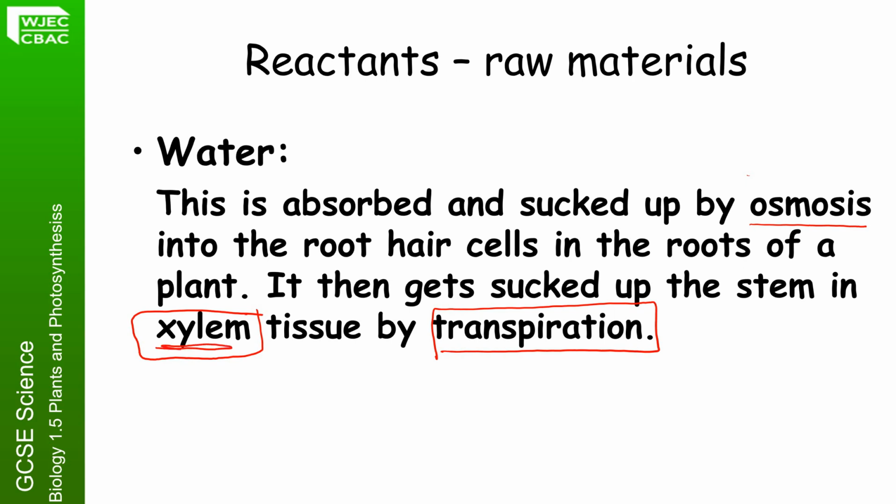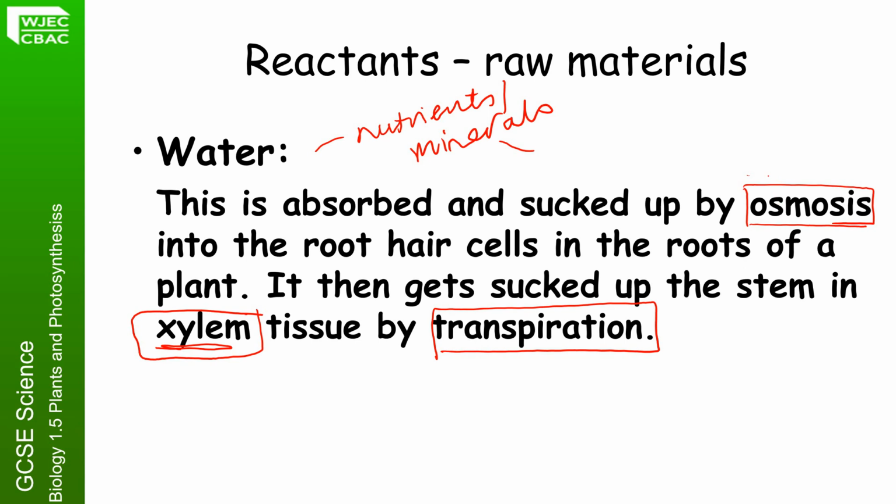Dissolved in the water, there are normally nutrients or minerals. Higher tier especially, our triple science groups as well as double science, need to know that those minerals are not absorbed by osmosis. There should be a key term that you associate with this.